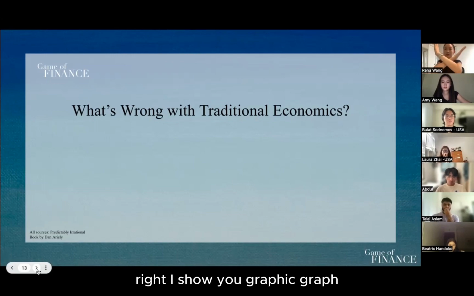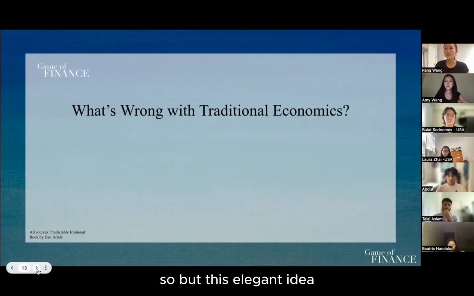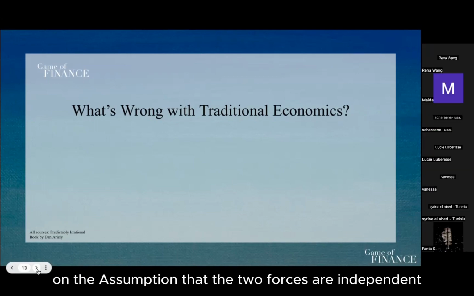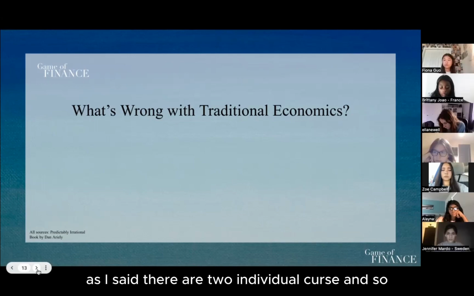I showed you the graph, where the intersection of the two curves is the correct price. But this elegant idea depends centrally on the assumption that the two forces are independent. As I said, they're two individual curves.